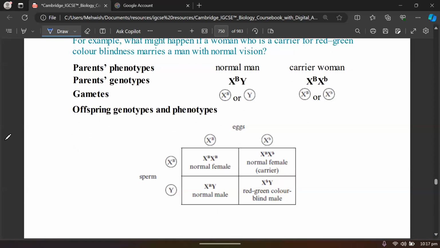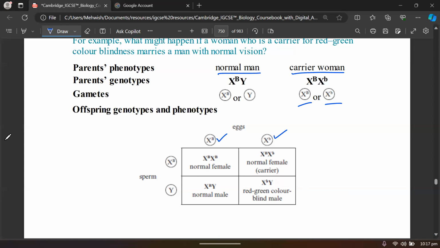Parental phenotype: you can see the man is normal, and a carrier woman is there. In the same way, I have made the Punnett square in front of you. In the previous example with baldness, they used the same symbol. So the female, when she produces eggs, will produce eggs with a capital B and a small b.